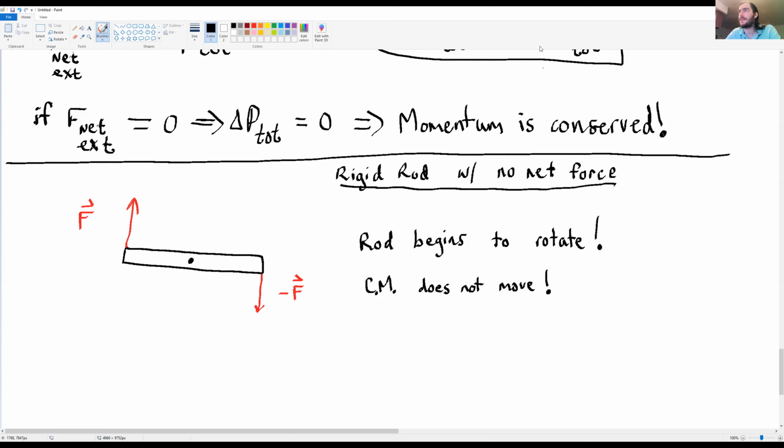Why does the center of mass not move? Does anybody want to answer this one, or you guys just want me to give the answer? Why does the center of mass not move? You should be able to see from this equation that is still on the screen here.